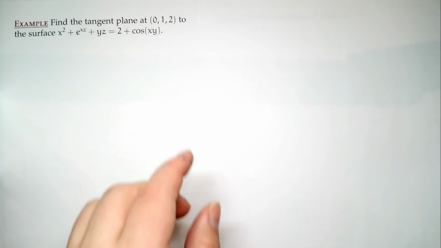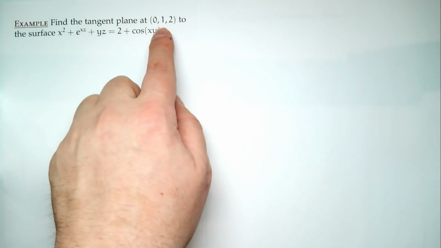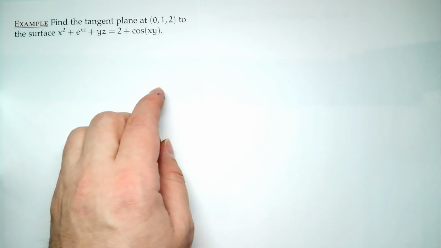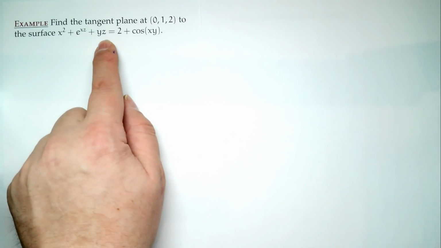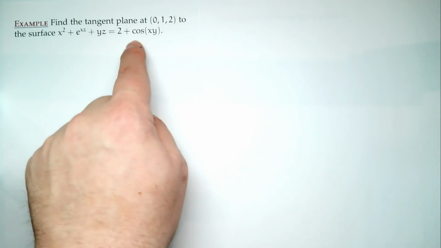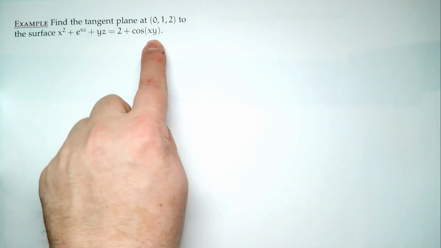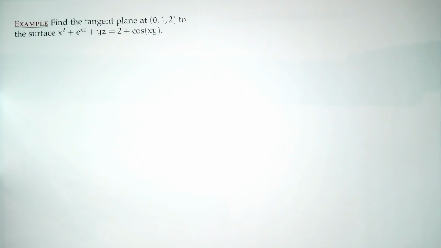Among all the points which satisfy this relationship, there's a claim that 0, 1, 2 is one of those points. To verify, you would plug in x equals 0, y equals 1, and z equals 2. If you do that, you'd get 0 plus e to 0, which is 1, plus 2, which gives you 3, is equal to 2 plus cosine of 0, which is, again, 3. So 0, 1, 2 is a point which satisfies this.